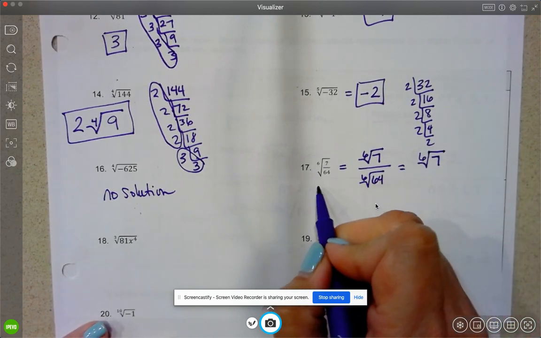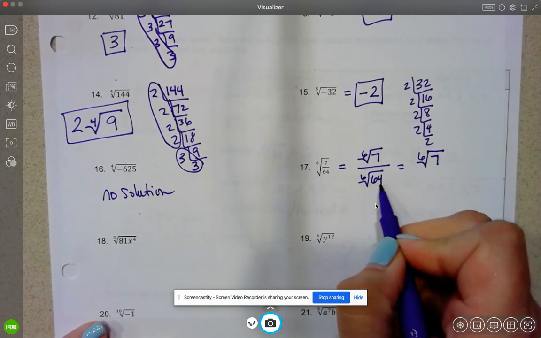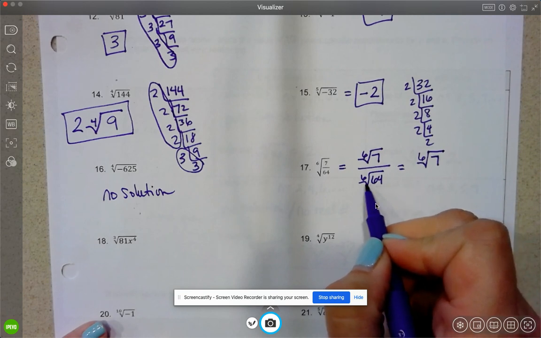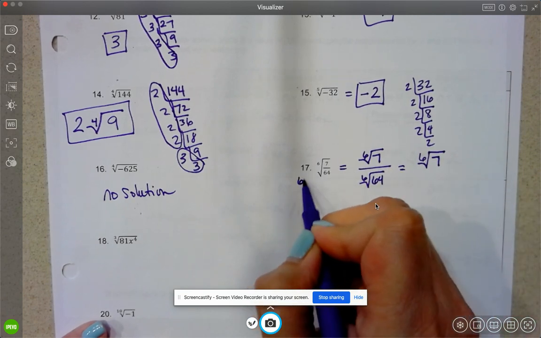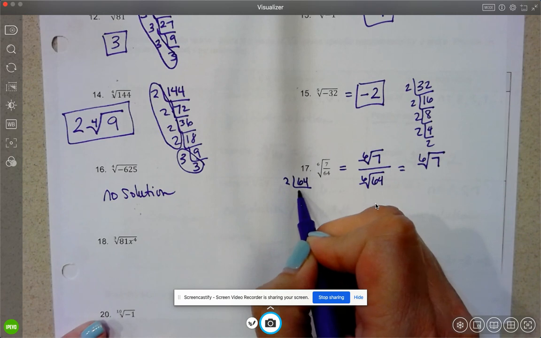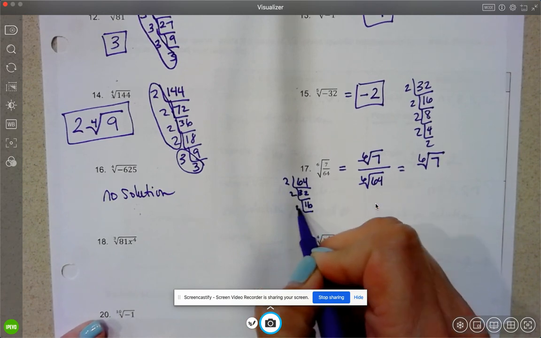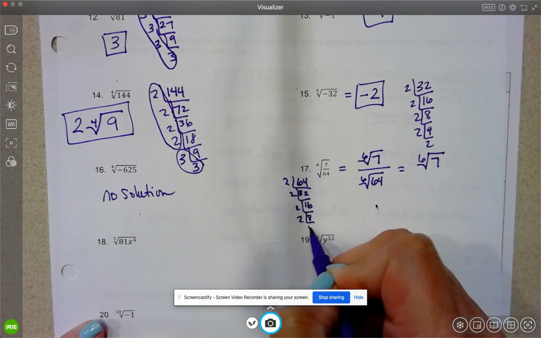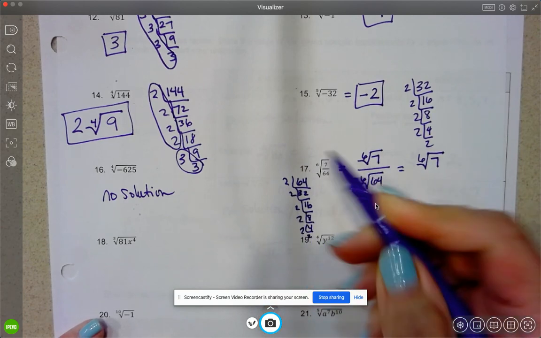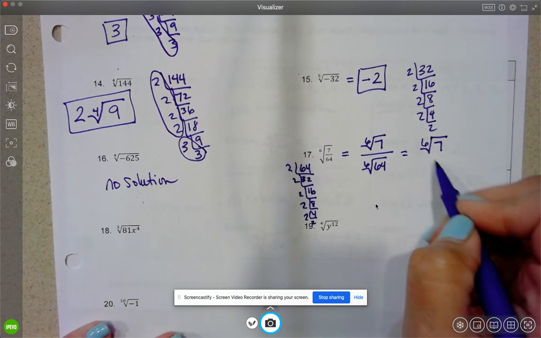All right, I'm going to work on this 64 and see if I can get a group of 6 something. So I have 64 divided by 2, 32 divided by 2, 16 divided by 2, 8 divided by 2, 4 divided by 2. Okay, see how I have 6 2's out here? So I know that this is 2.